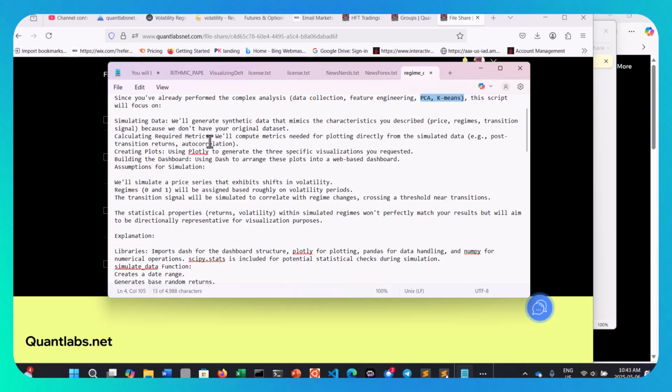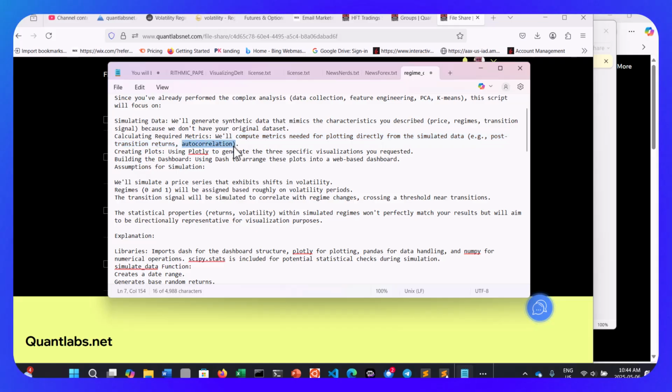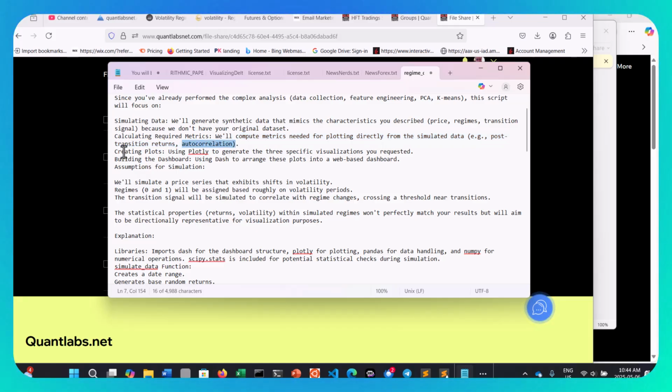So here we're computing the metrics needed for plotting the direct line from the simulated data, post-transition returns, along with autocorrelation. That's something your professional portfolio manager will do as well to maximize profit potential.